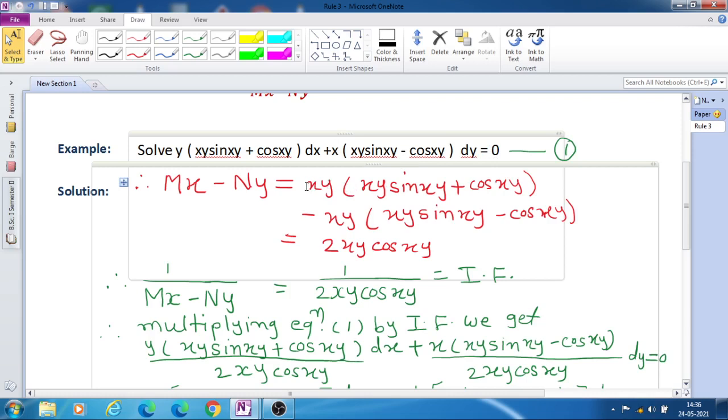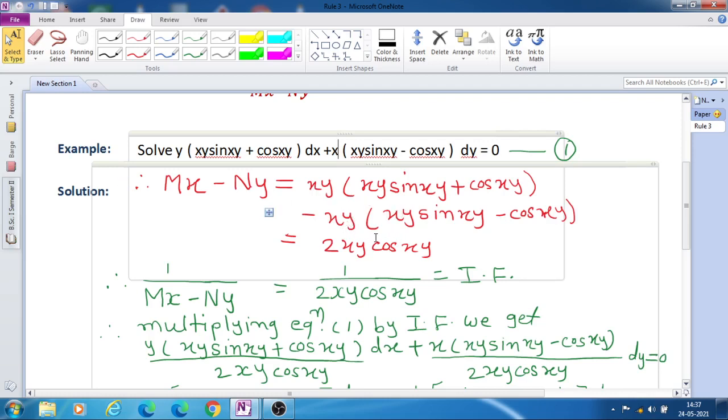Therefore, to find the integrating factor, the condition is to first check whether Mx minus Ny is equal to 0 or not equal to 0. So we calculate here Mx. So this is M, y into bracket, multiplying it by x, then minus Ny. So this is N, x into bracket, multiplying it by y.